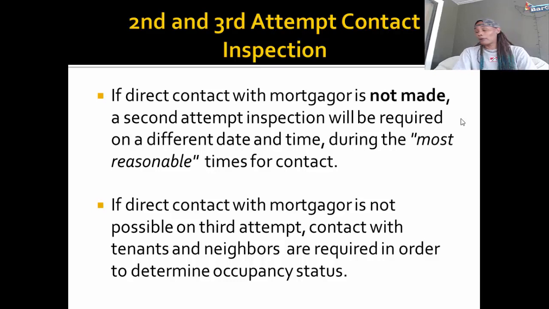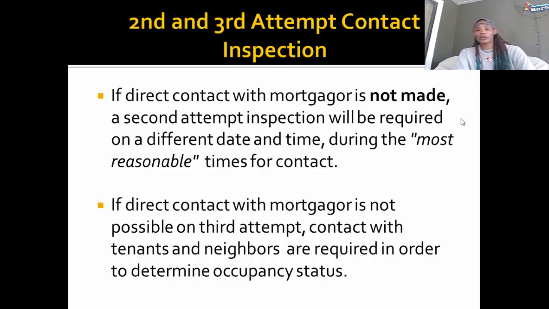Okay, maybe the neighbor says, oh, they're out of town. So now it's occupied. Okay. Maybe they say, oh no, that property is vacant. They moved out last week. Okay, now the neighbor has verified for you that the property is vacant.